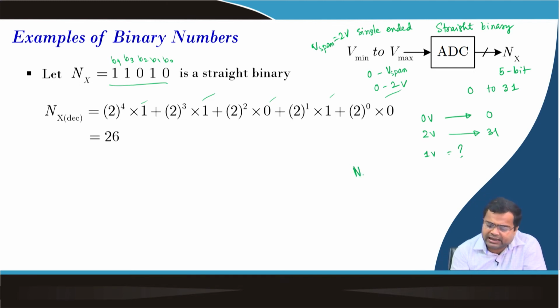Whatever Nx we are getting, if we want to convert it, because now we are talking about an equivalent voltage, but you remember that the analog voltage we apply to the ADC is unquantized, that means it has an infinite resolution. But if I want to represent this data as an equivalent voltage, then there will be a quantized voltage.